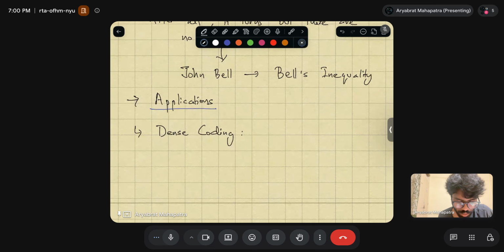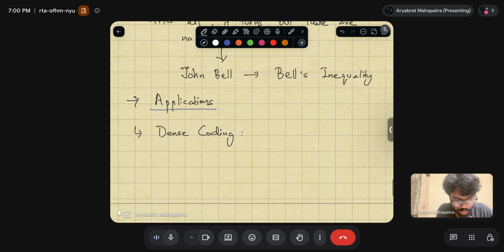So what is this dense coding? This is about transmitting more than one classical bit in a single qubit.